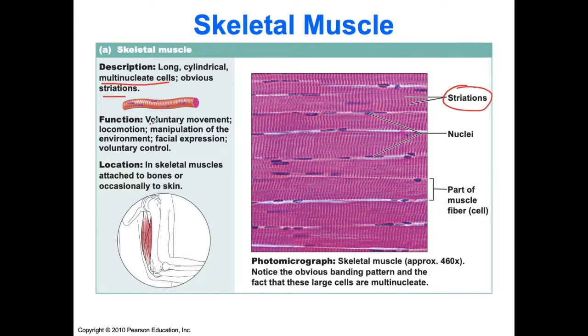It is voluntary. An example would be the triceps or the biceps. Any muscle that attaches to your skeleton, even your facial muscles, which deal with facial expression, is voluntarily controlled. Okay, so this is skeletal.